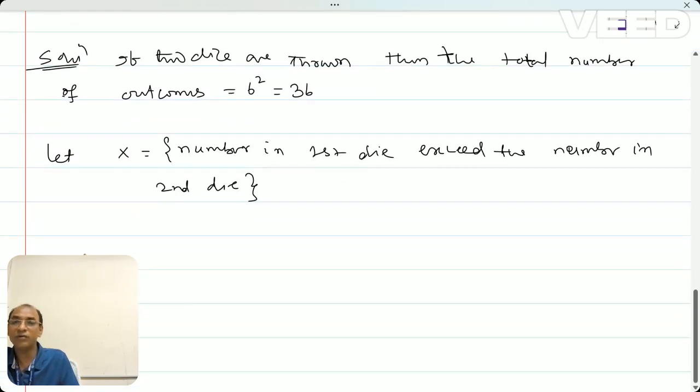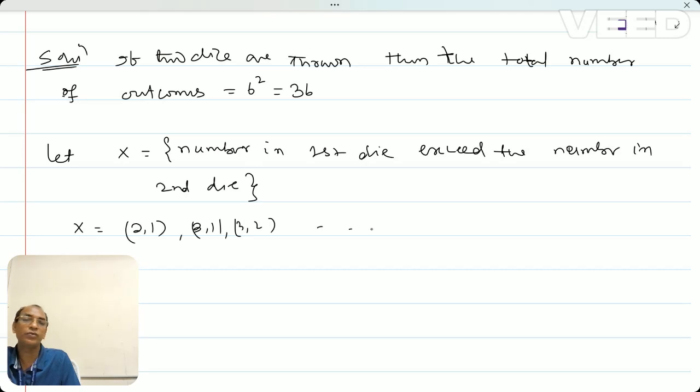That means what will be my x? My x will be (2,1), (3,1), (3,2), and so on. So I will have (6,5). So total I will have 15 such favorable outcomes.